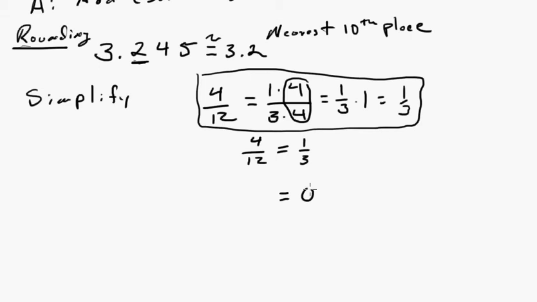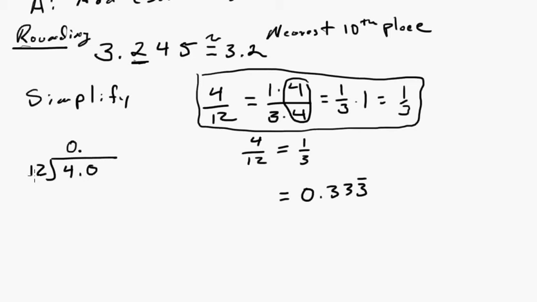Most of you probably know that 1/3 is 0.333 forever. So what is 4 divided by 12? Well, let's just take a quick look. 12 doesn't go into 4, so we put a 0 there and the decimal point, and a 0 here.